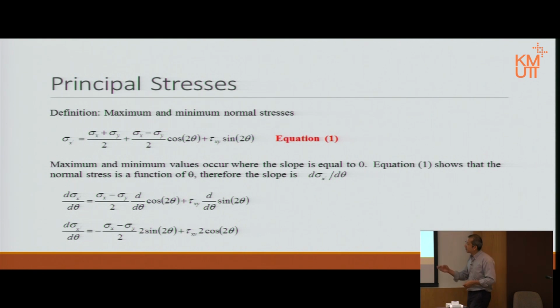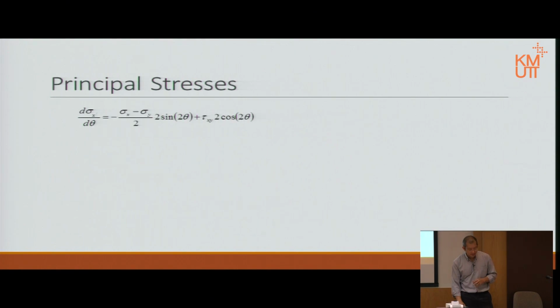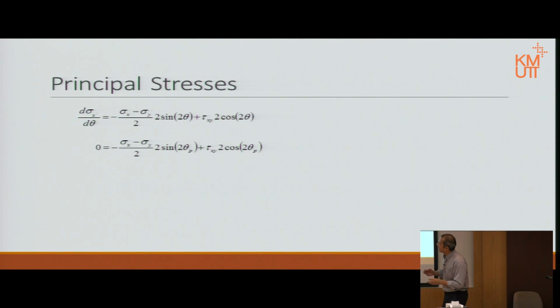Now, this is just the differentiation. If we want the max and min, they happen where the slope is 0. Differentiation gives us the slope. If we want max and min, we find out where that slope becomes 0. In other words, we just set it equal to 0. Okay. Now, once we have it equal to 0, look at that form.